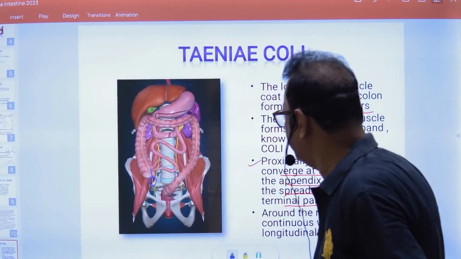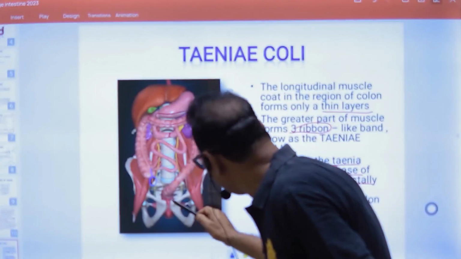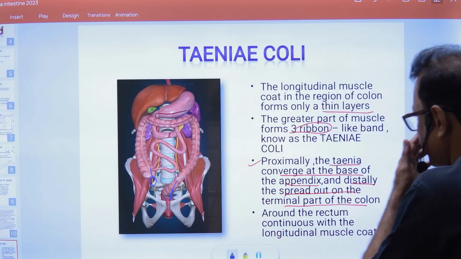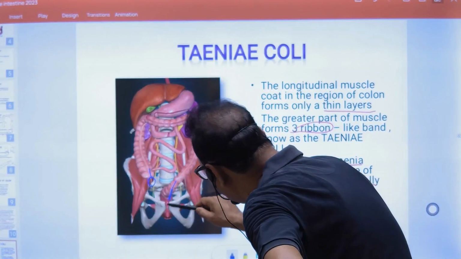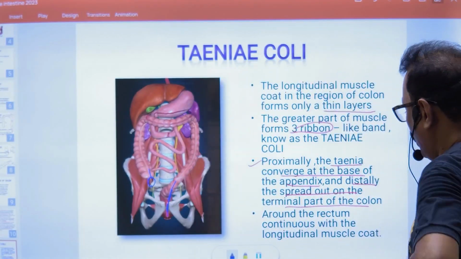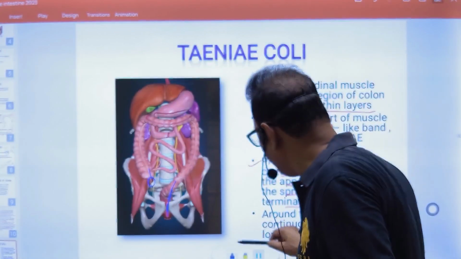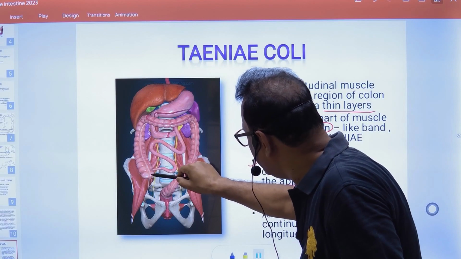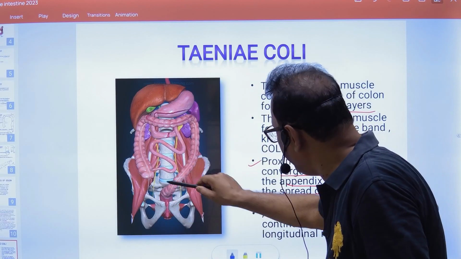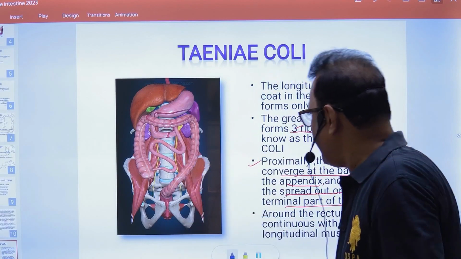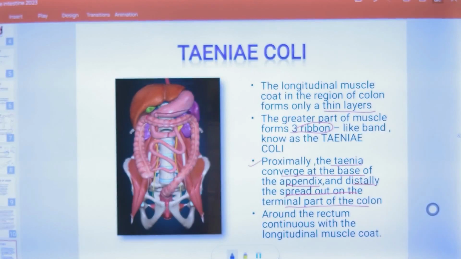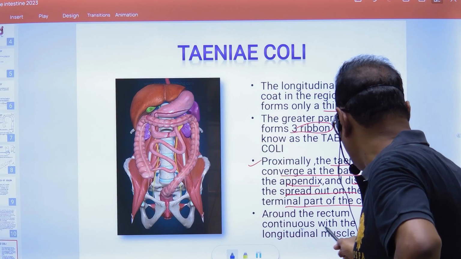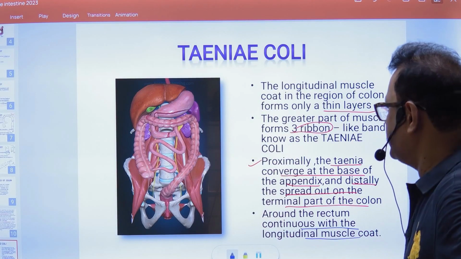It starts from here, and finally we have got the rectum over here, and it ends at the rectum. It begins at the appendix and it ends at the level of the rectum. Below the rectum, we will see only the longitudinal muscle; it will continue as the longitudinal muscle coat.